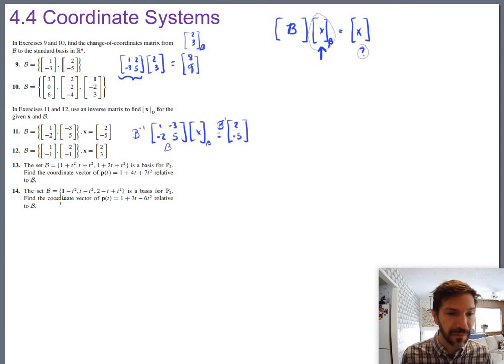13 and 14 are somewhere they're giving you bases for P2, and they want you to find the coordinate vector for some other result.